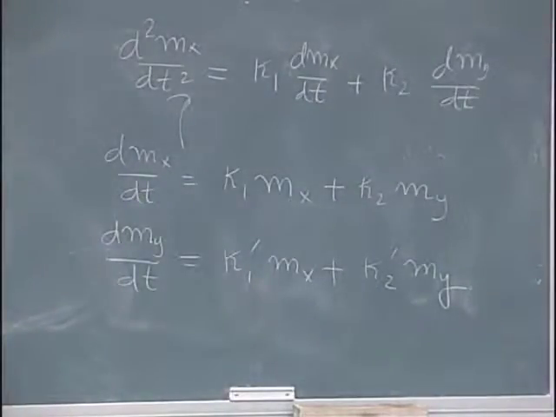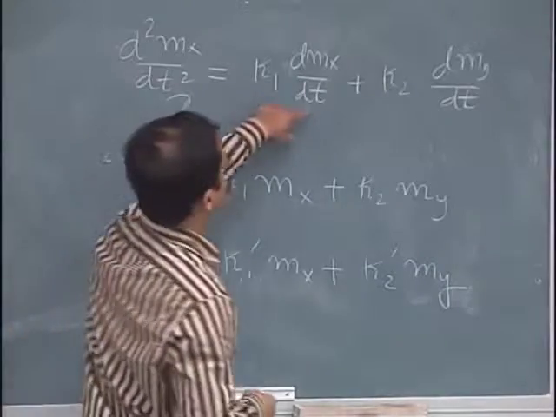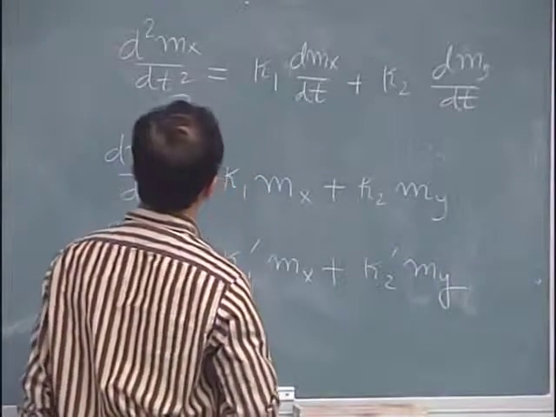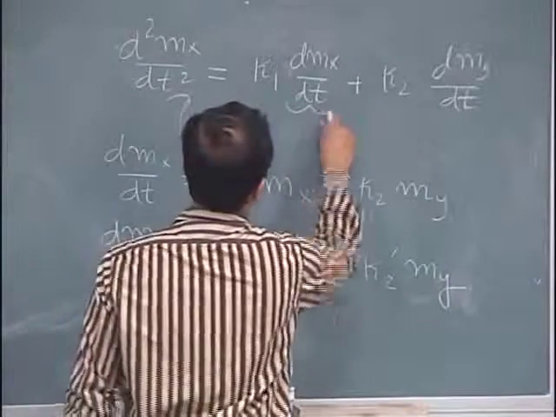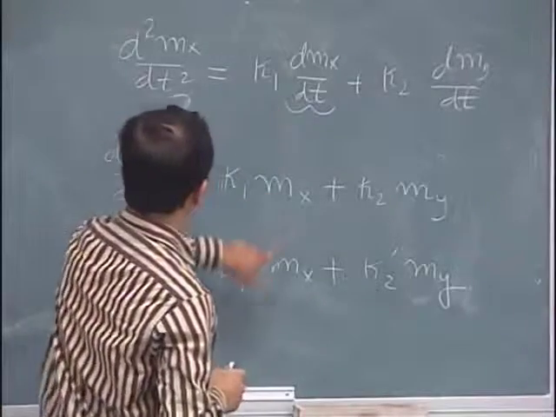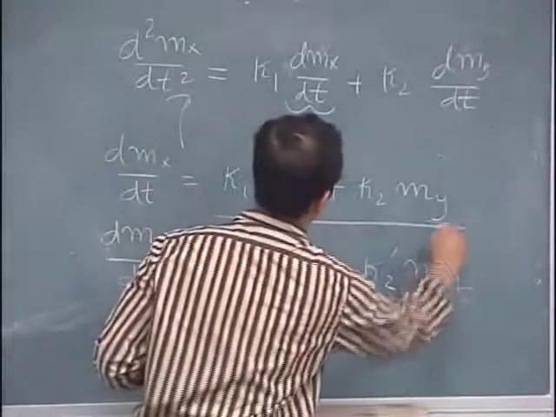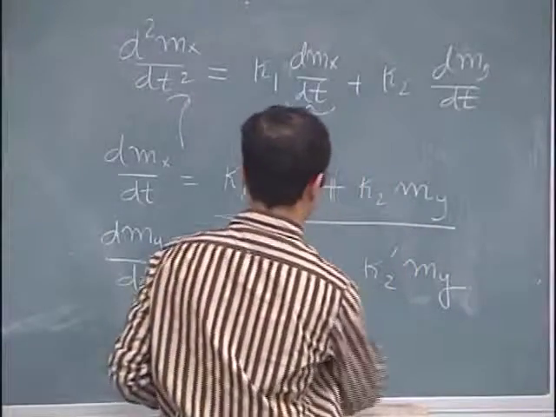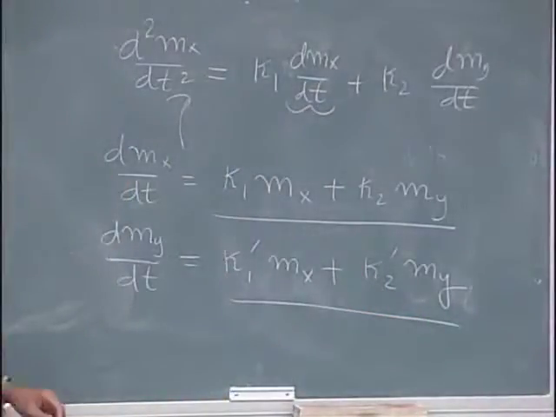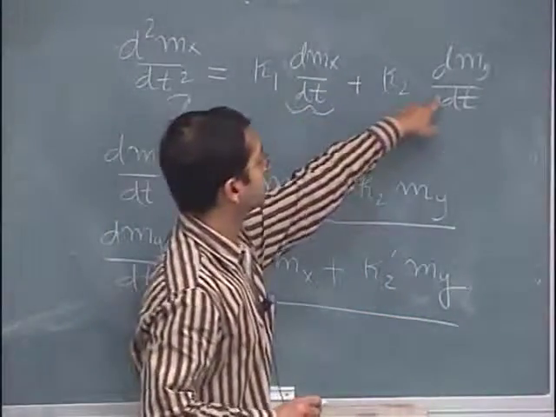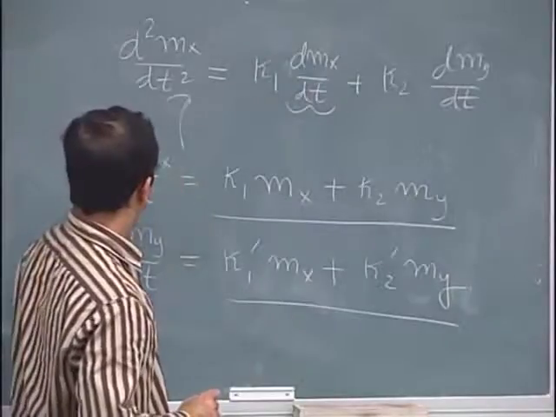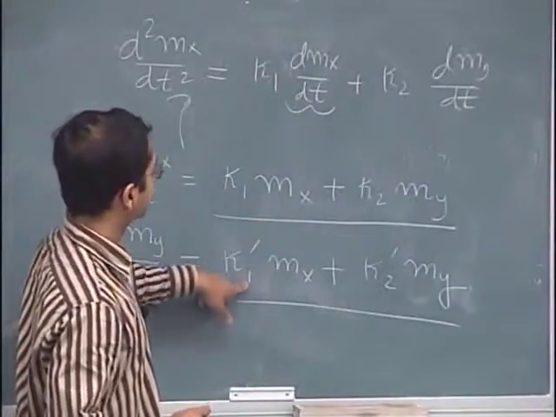Correct? So that means I can replace now dmx dt through this equation and dmy dt from this. dmx dt and dmy dt I can replace by these two expressions.